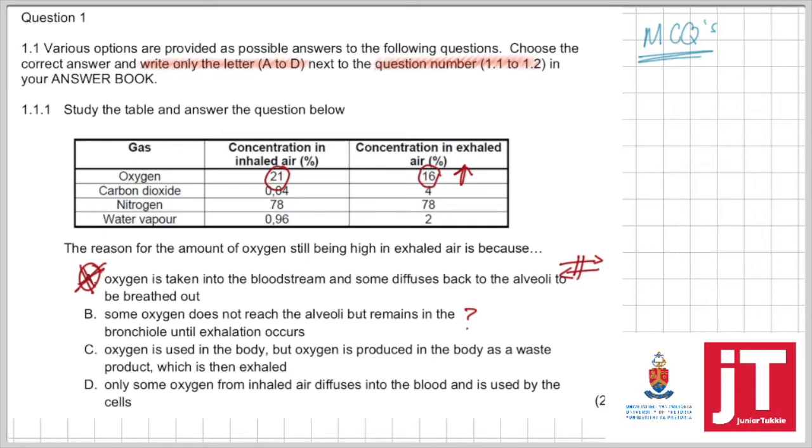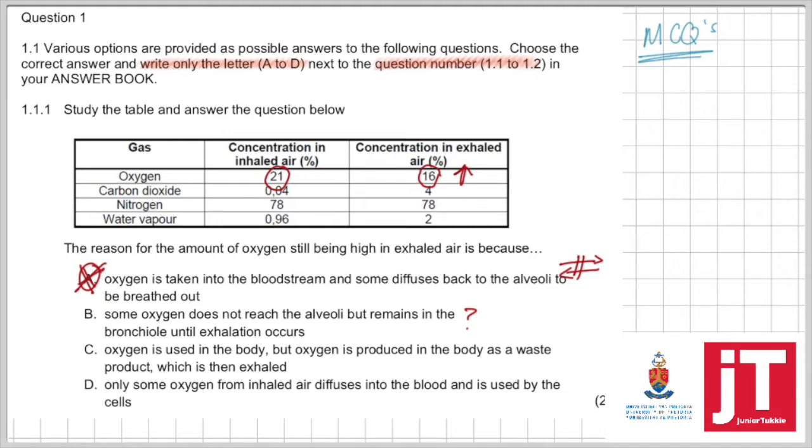If we see the concentration in exhaled air being at 16% when compared to 21% that is in inhaled air, would it be right to say then that 16% of this oxygen, of this air, remains in the bronchioles? I don't think so. I think that's quite a stretch when it comes to option B. But nonetheless, let's move on to option C, and we see if option C gives us maybe a more correct answer here. Right. Option C.